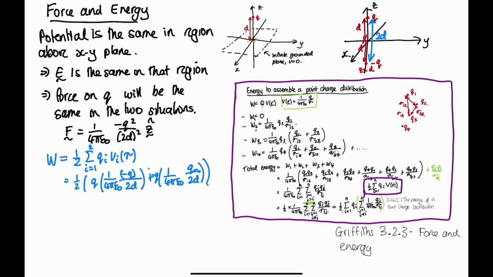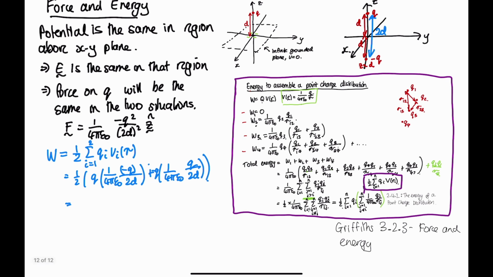And so in this case, you can see that on the top, we end up with minus Q squared. Then we've got 4 pi epsilon naught on the bottom, and we've got lots of factors of 2 which are going to cancel out. I've got a 2D here, but I've got two of these terms, and then I've got the half out the front. So the half out the front will cancel out the two terms here, and I'm just left with that 2D there.